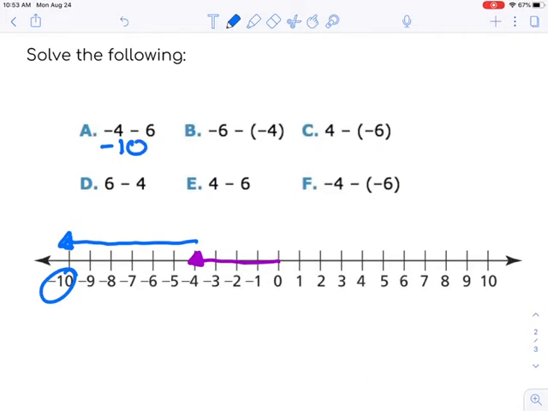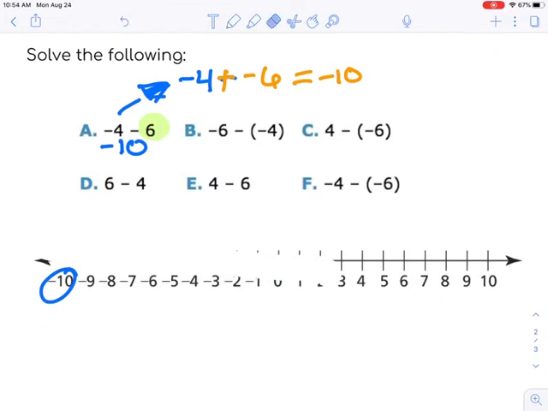Now the other way that we can do this is we can change our negative to a positive, and we can do the opposite of our 6, which is going to be -6. And now you have -4 plus -6, which is -10. So same system as below.